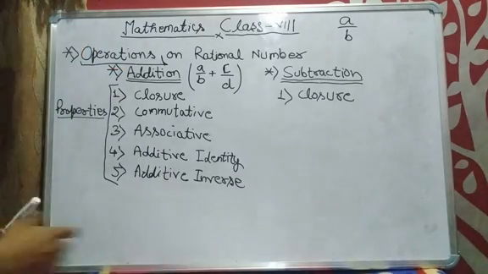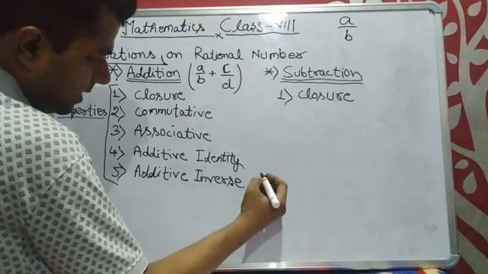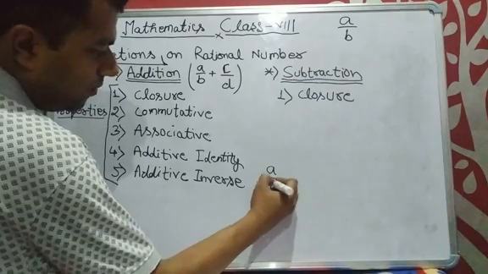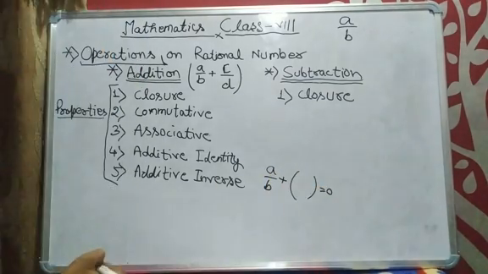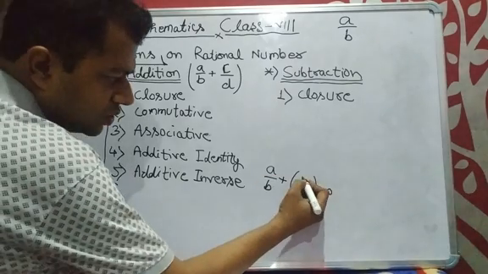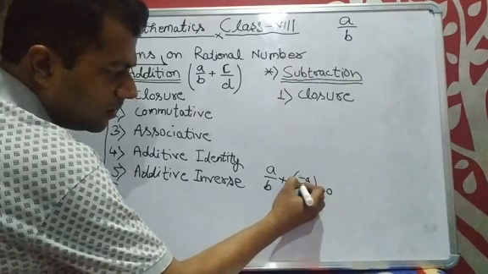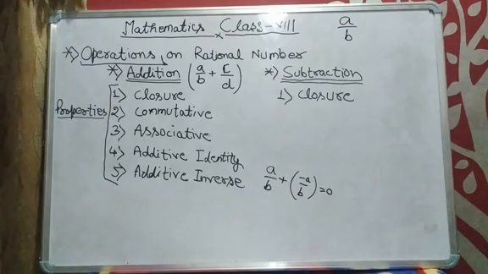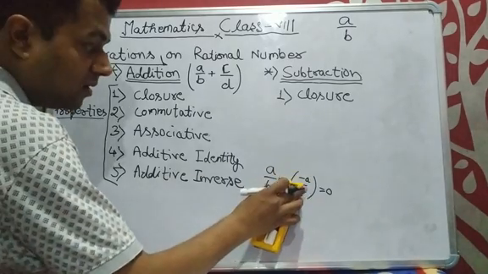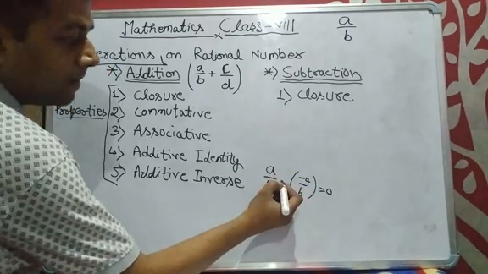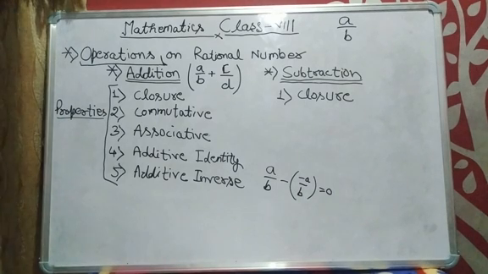What was the inverse? A upon B plus what should I do to get 0? So we write here minus A upon B. But for subtraction, it is not possible. If we do the subtraction with the minus sign, the answer will not be equal to 0.